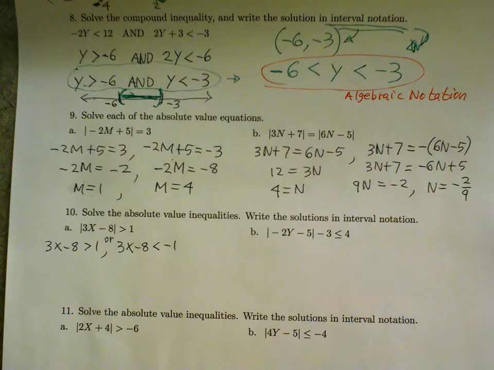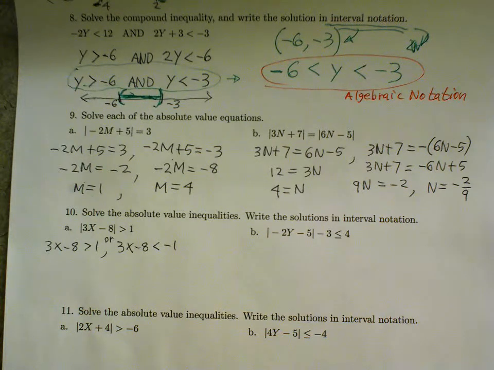If the absolute value of a number is greater than 1, then where could that number be? If its distance from 0 is greater than 1, it can either be to the right of 1 on the number line, or it could be to the left of -1 on the number line.